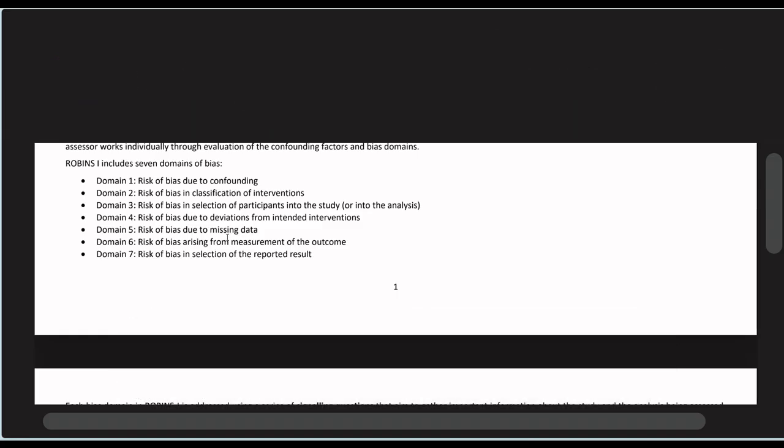But there are some tools where, even at this level, all you have to do is to report whether the risk or the appraisal is low, medium, or high.